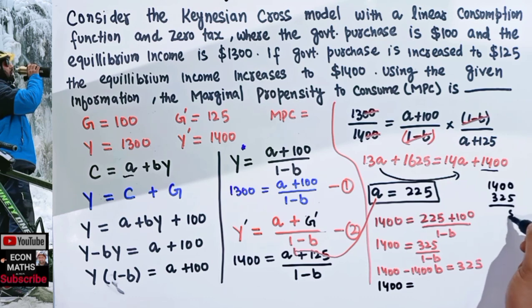So 5 from 10 is 5, 9 is the 7, 3 is 0. So we got 1075.